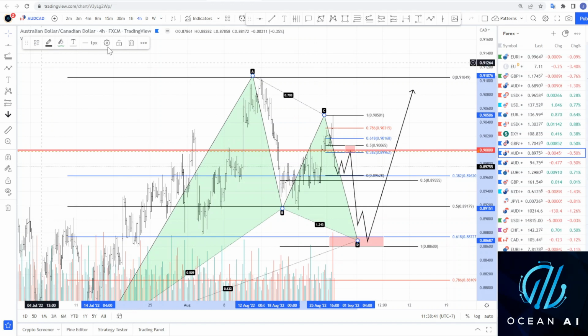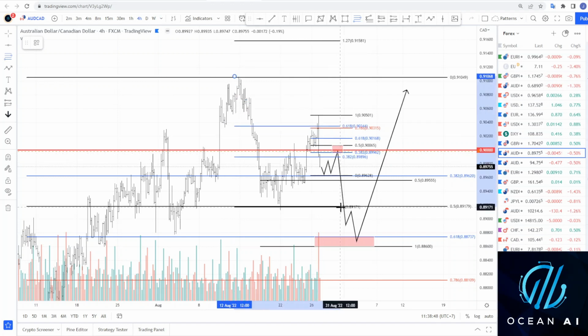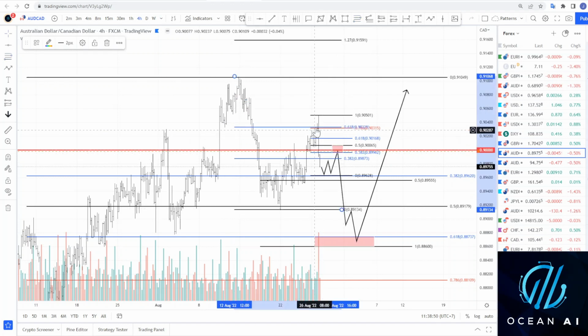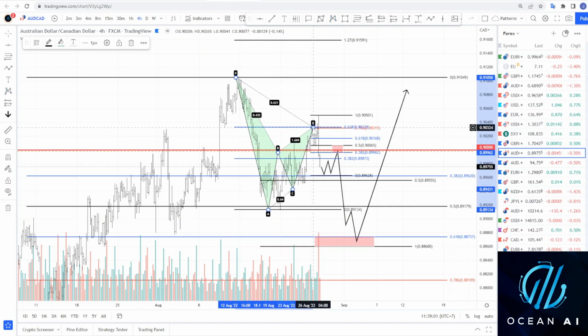I posted the chart anyway, but what we got was that Gartley back into the 61% there. So this is what we're looking for in trades, looking for bigger patterns.